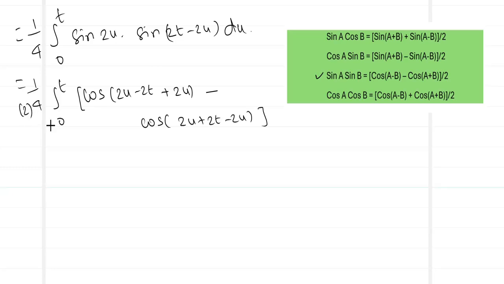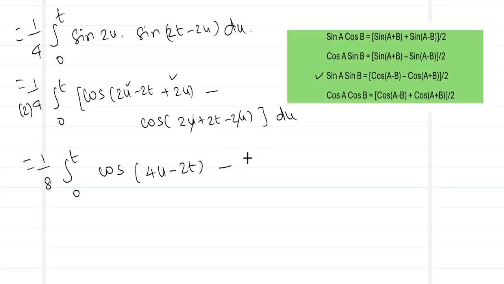So let me take this 2 outside. The entire thing is integrated with respect to du. So this gives me 1 by 4, 2 fours are 8, from 0 to t. What happens over here? The first term gives me 2u and 2u, so that makes it 4u minus 2t, and in the second term 2u cancels off, leaving cos of 2t into du.